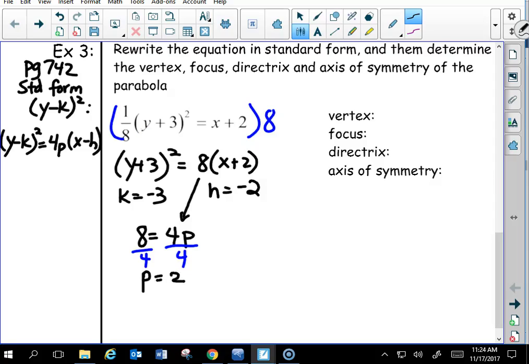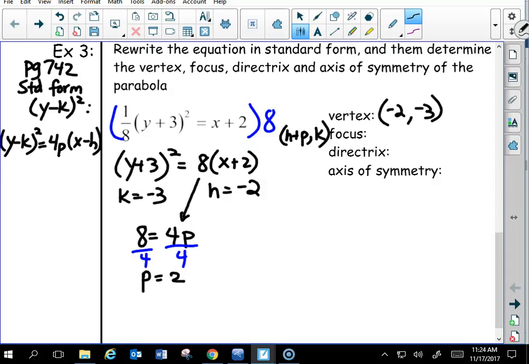All right. The vertex is going to be found at (h, k). So the x-coordinate is -2, and the y-coordinate is -3. Our focus is found at (h plus p, k). All right, so what happens when it's oriented towards y squared is our focus moves left and right by the p plus or minus where our transformation for the x was.